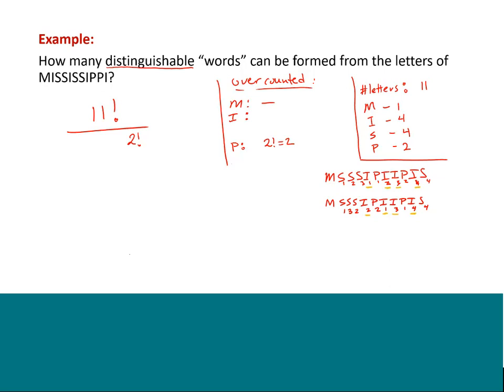Now, notice what's going on with these I's. If these are the I positions, wherever those positions actually live in your word, what happens? You could have picked any of the 4 not different I's and put them in the first location. You could have put any of the remaining 3 not different I's in the second position.